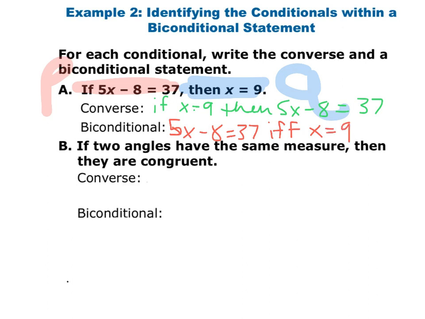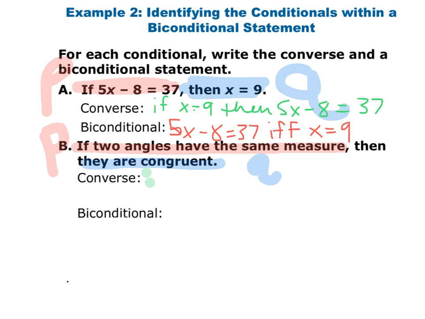Let's look at B. If two angles have the same measure, then they are congruent. So we have our P, if two angles have the same measure, and our Q, then they are congruent. So our converse would be Q then P. So we flip them.